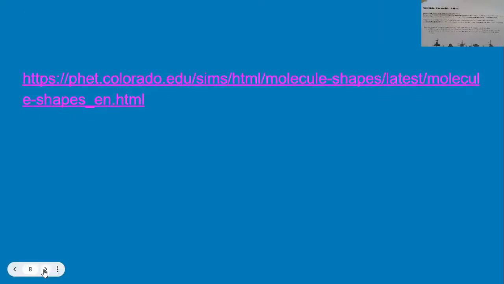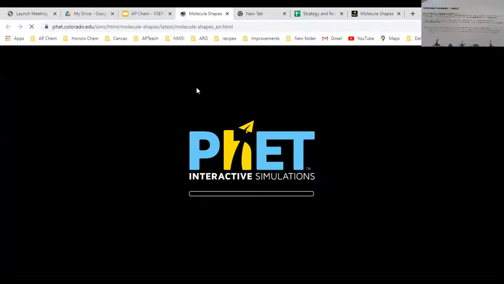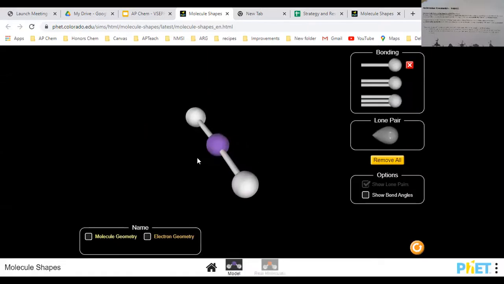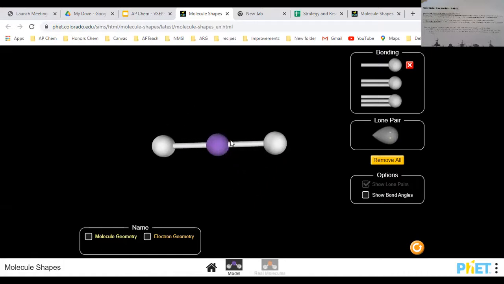There is an incredible animation, a kind of interactive site. I'll just play around a little bit for you, by the University of Colorado, PhET. And this is how we get our shapes. So if we have our center atom, and there's two bonds, and the bond could be a single, double, or triple, then this is going to position itself as far from this as possible.